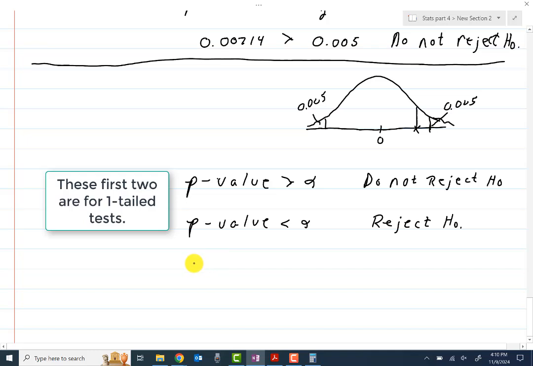So p-value versus 1/2 of alpha. If it's less than 1/2 alpha, reject H naught. And finally, if the p-value is greater than 1/2 alpha, we do not reject H naught.